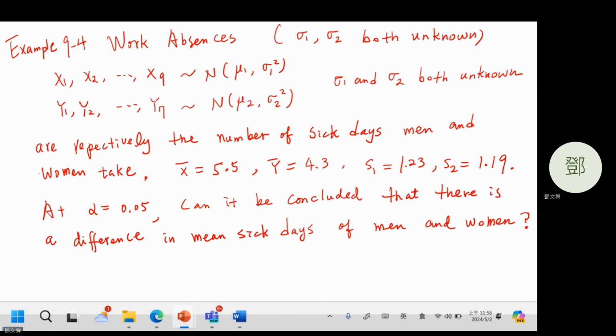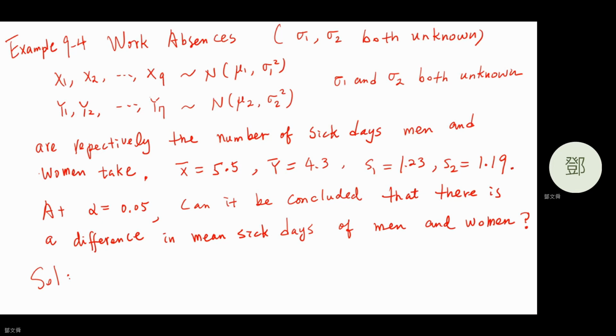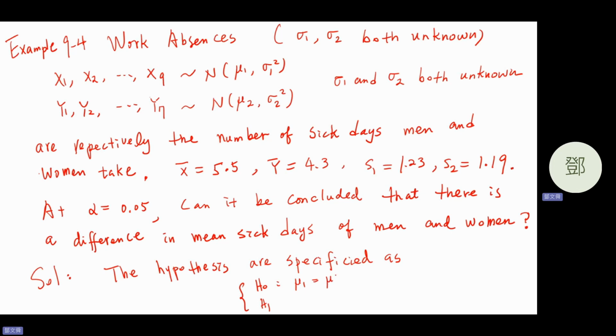So, solution. The hypotheses are specified as mu1 for men and mu2 for women are equal, mu1 not equal to mu2, but we don't like this expression.